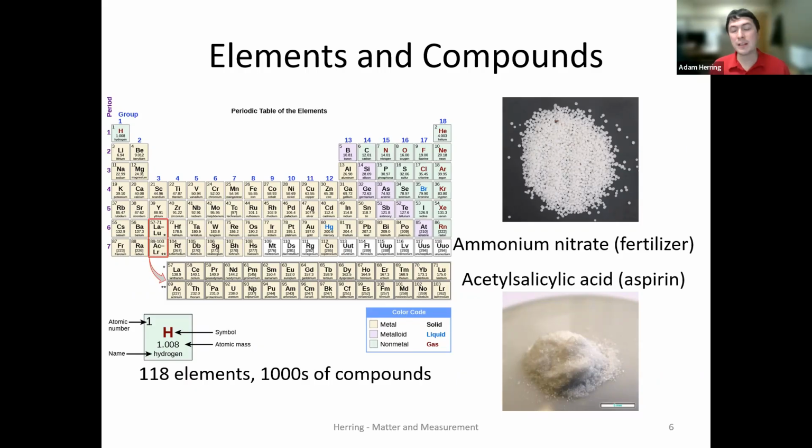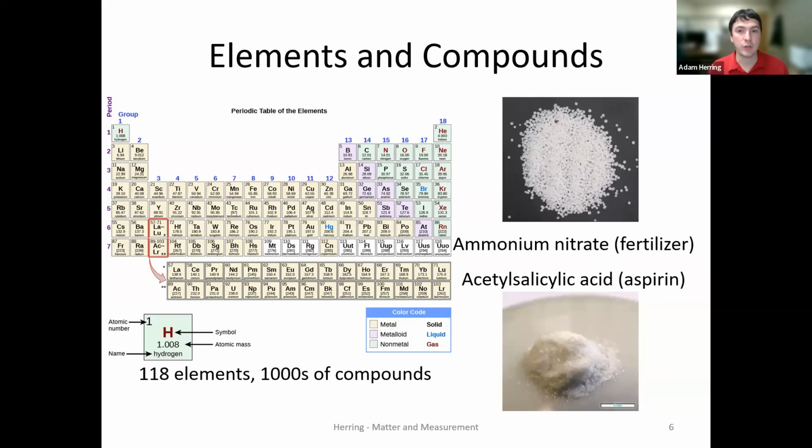And so you don't necessarily know just by looking at a substance whether it is a compound or an element, but you must know what it's made up of. Compounds, such as ammonium nitrate and acetyl salicylic acid, are made up of different types of elements, whereas an element is simply one specific type.